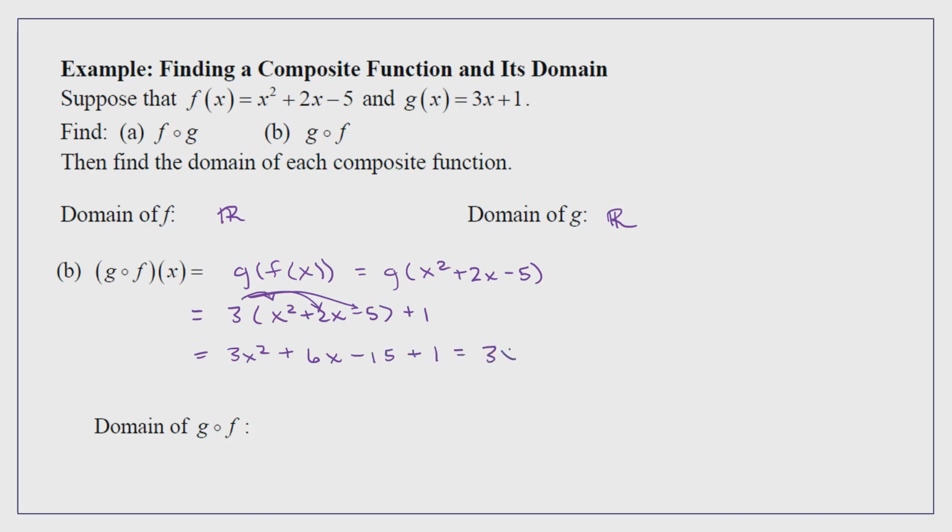That equals 3x squared plus 6x minus 14. Similar to the last problem, this too is a quadratic, and its domain is all real numbers. So g composed with f has a domain of all real numbers.